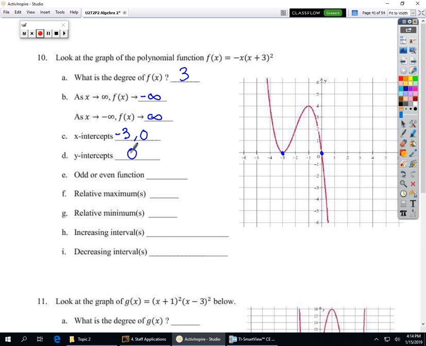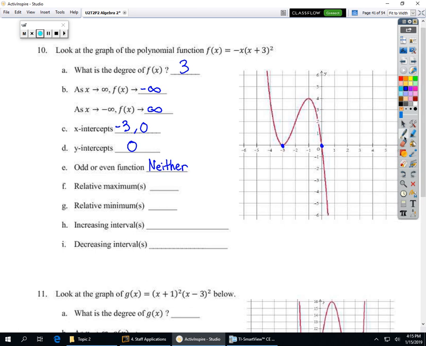Is this an odd or an even function? In this case, well, technically, it's neither odd nor even. This is considered a neither. For odd or even functions, they need to be exactly symmetrical. So with an even function, the left and right sides need to be exactly the same. With odd functions, the shape needs to be the same if I rotate it.